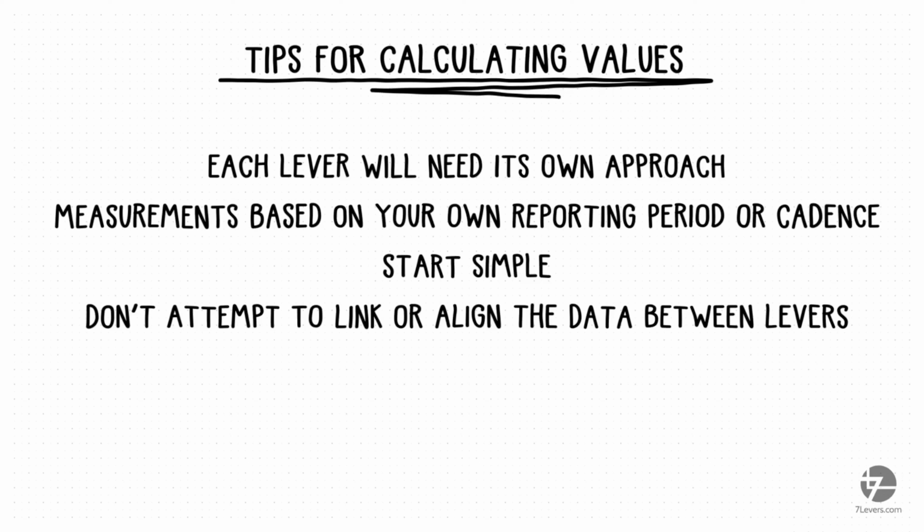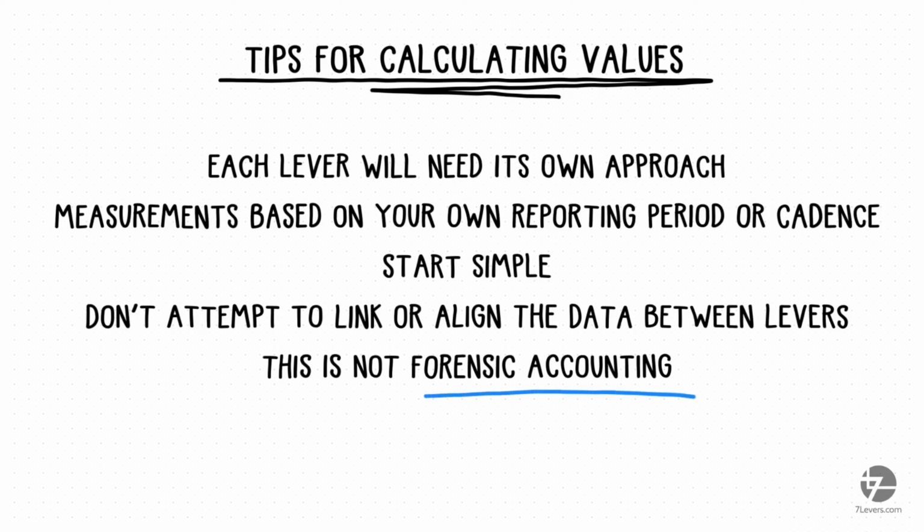Specifically, don't try and line up a single customer all the way through that profit journey, because that can be quite difficult and it can really slow you down. On the first pass, as long as you're consistent and you just count in each lever, then everything should work out. Remember, this isn't forensic accounting.